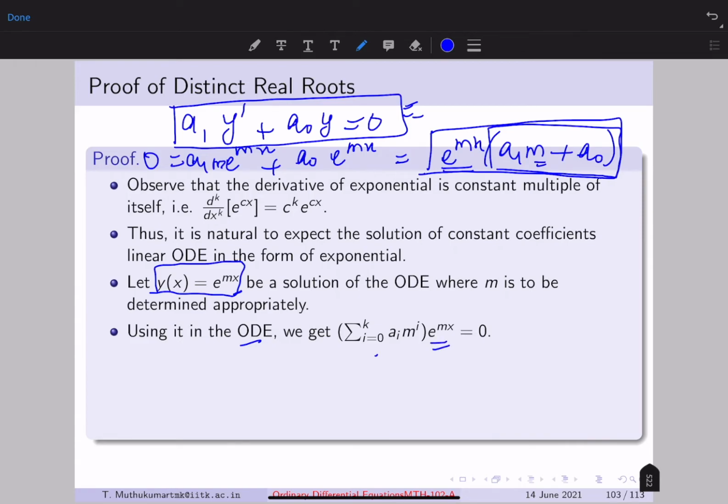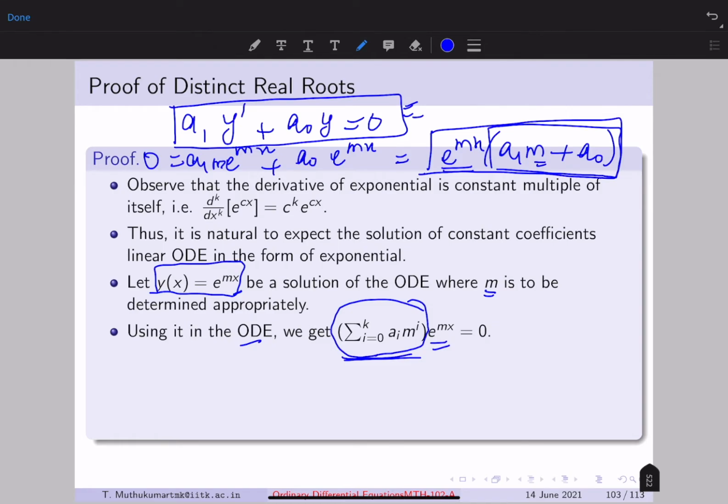Exponential is never 0, which means if this equation has to be valid, then this algebraic equation should be equal to 0. So m should be chosen such that it is a root of this algebraic equation, and that was the statement of the theorem.